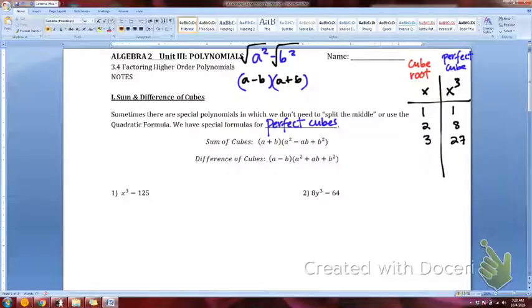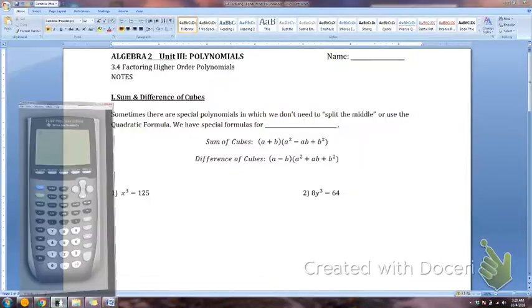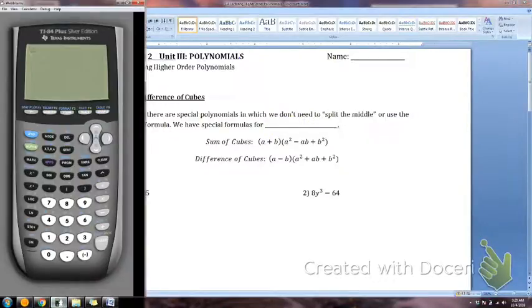When I pull the calculator up, the writing is going to go away, so make sure you have this down. On the calculator, let's do 4 cubed.